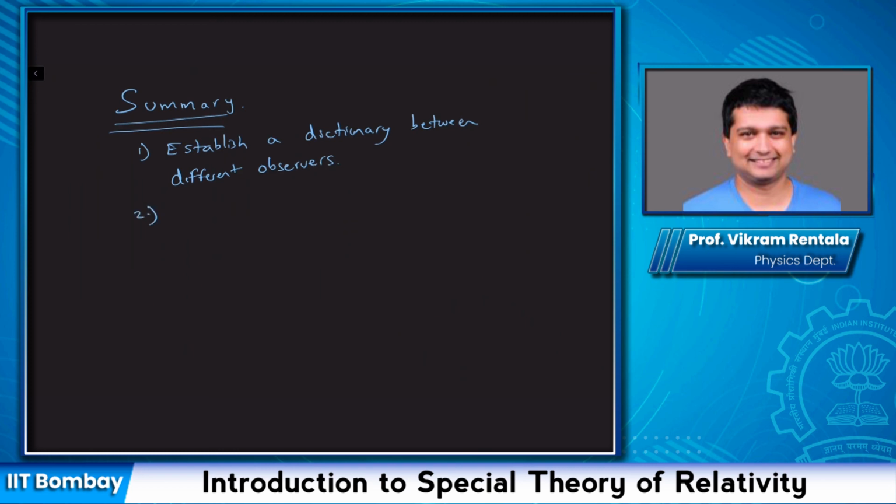Second, among these observers, there is a class of observers called inertial observers, as opposed to non-inertial observers, who see Newton's laws as being valid.